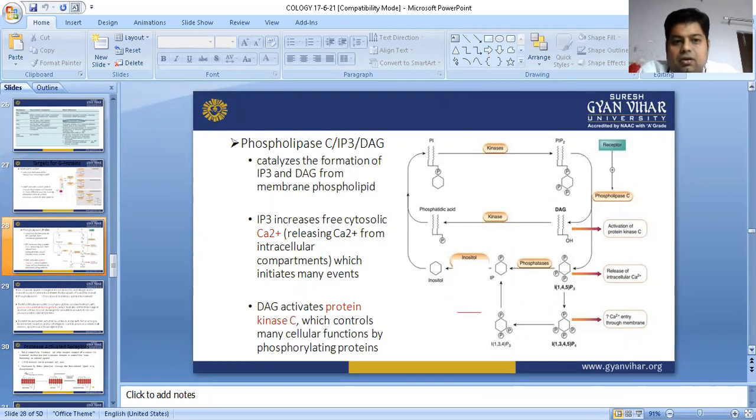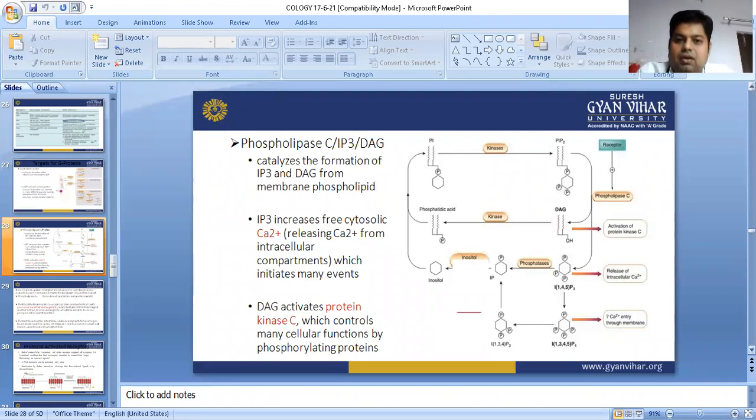In the next step, phospholipase C, the IP3-DAG pathway, there are two things we should always remember in the IP3-DAG pathway: the cell undergoes contraction because calcium ion is introduced into the cell.